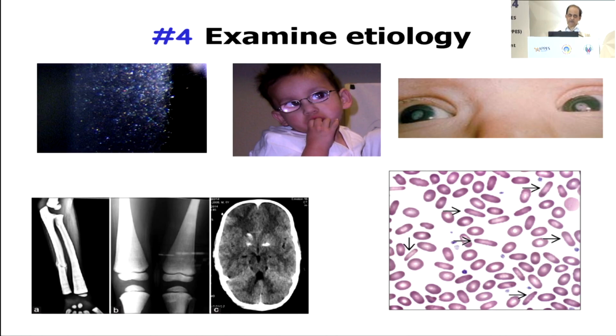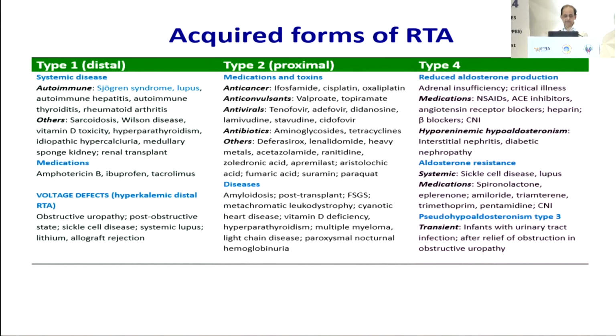They can again cause a picture like type 3 RTA. So if you get intracranial calcifications and dense bones, one would think about carbonic anhydrase 2 deficiency. This is obviously very simple, that you are seeing elliptocytes. This is the anion exchanger defect, the SLC4A1 defect, a feature of type 1 RTA.